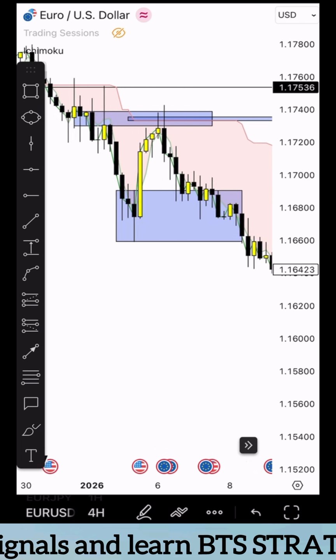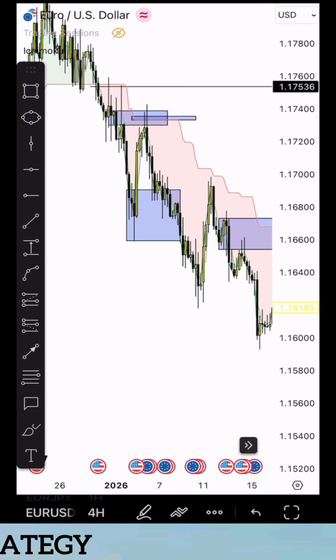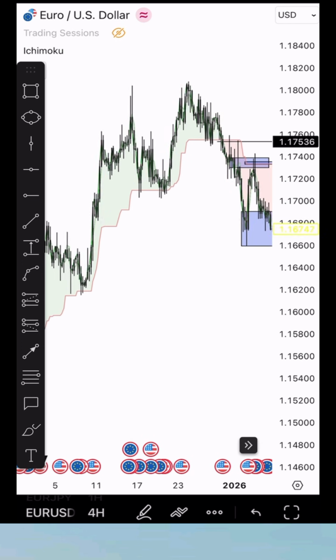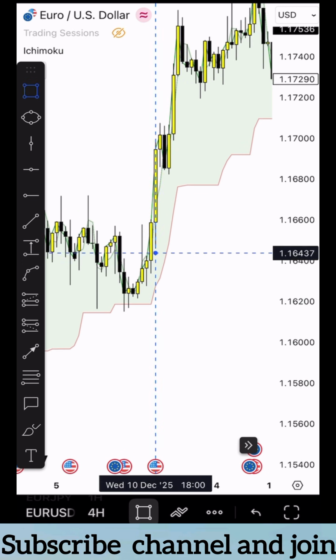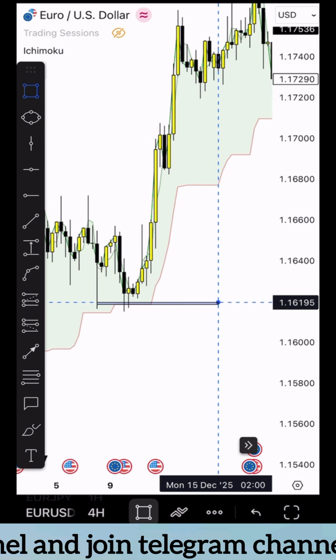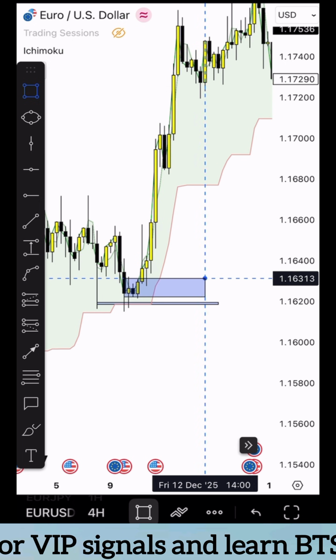Why did price come here and stop here? If we look on the left, it does provide you with plenty of reasons. We've got a strong area, and then what does it do? Look, we have a clear engulfing near that zone.